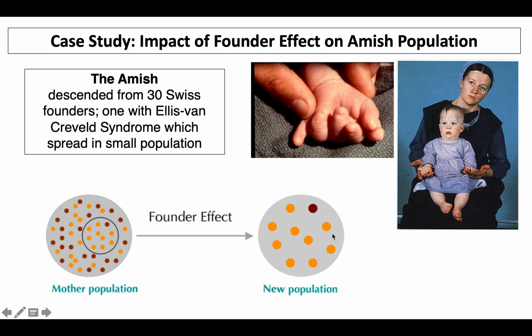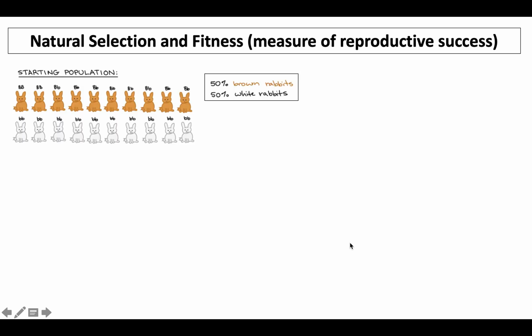Another example of the founder effect we can see with the Ashkenazi Jewish population, which experienced obviously a bottleneck, but also a founder effect, where a small portion of Jewish populations moved to a new location, and then they had a small genetic pool.